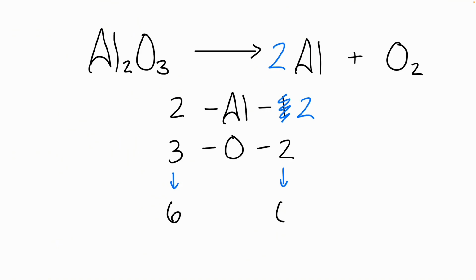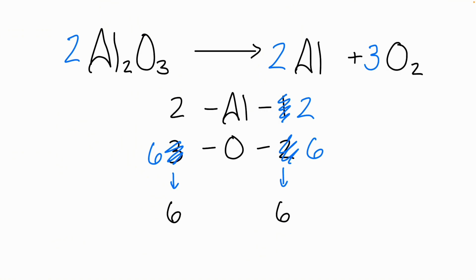I can turn these both into 6. I can take my oxygens and multiply it by 3. That will give me 6 oxygens over there. And I can take my aluminum oxide and multiply it by 2. And that will give me 6 oxygens over there.